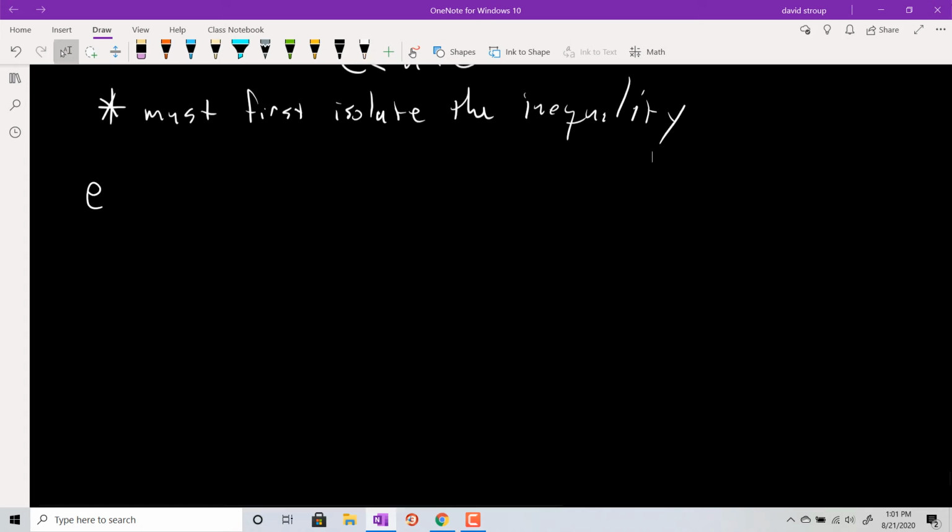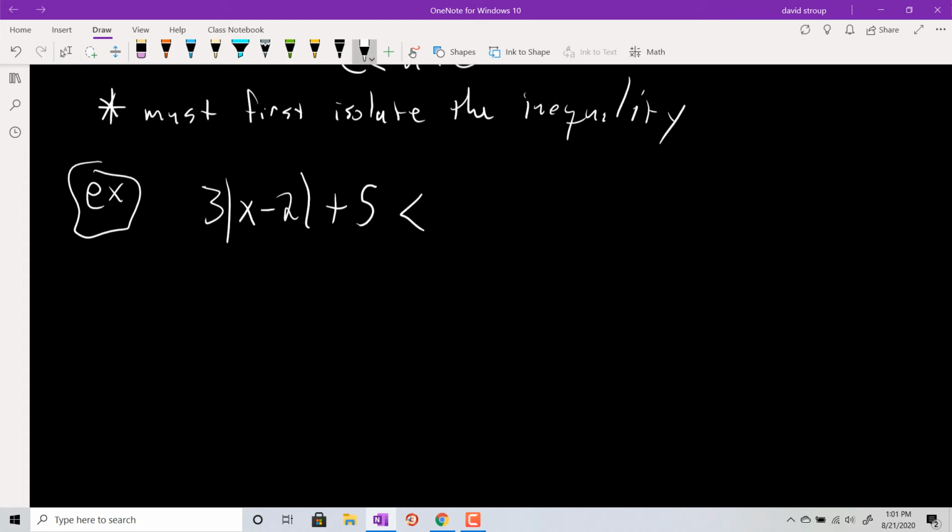Okay, so an example. And we have 3 times the absolute value of x minus 2, plus 5 is, I don't know, less than, make sure this works, 14. Right? Okay, so first isolate the absolute value. So move the 5.